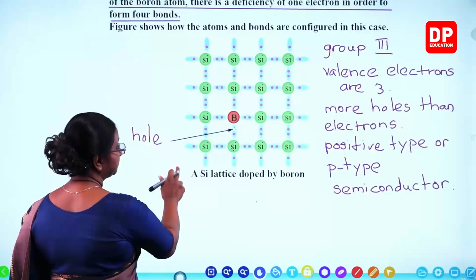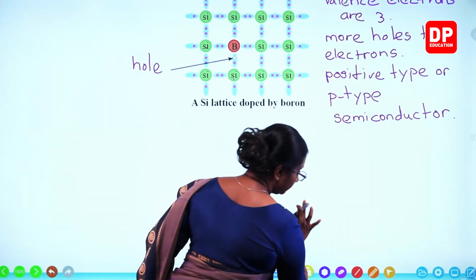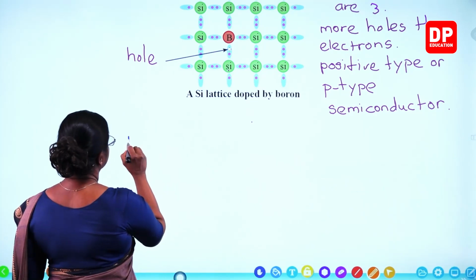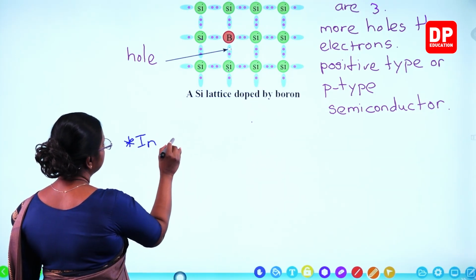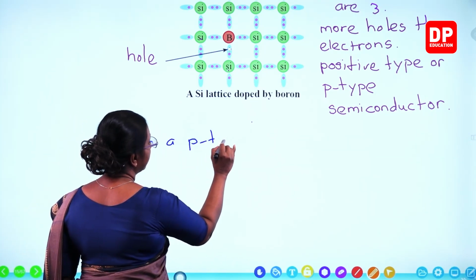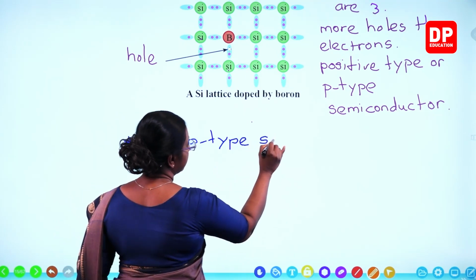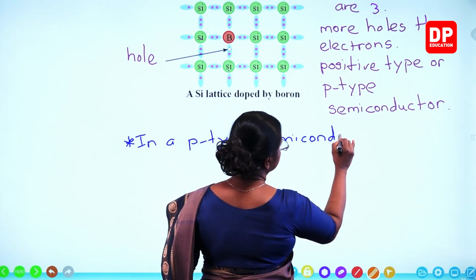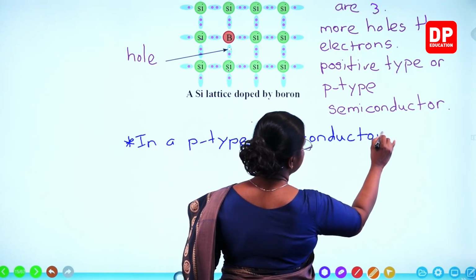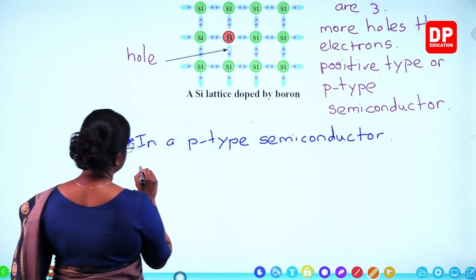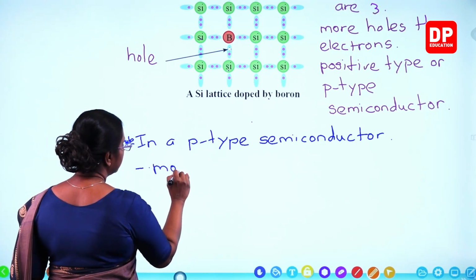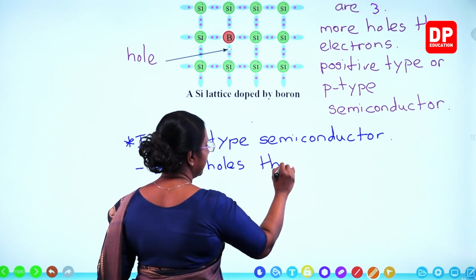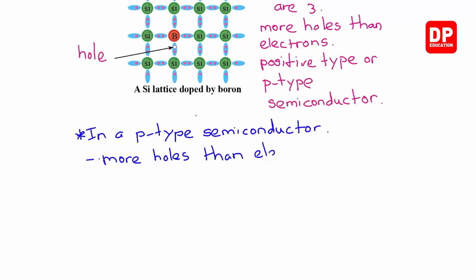Now in a p-type semiconductor, there are more holes than electrons.